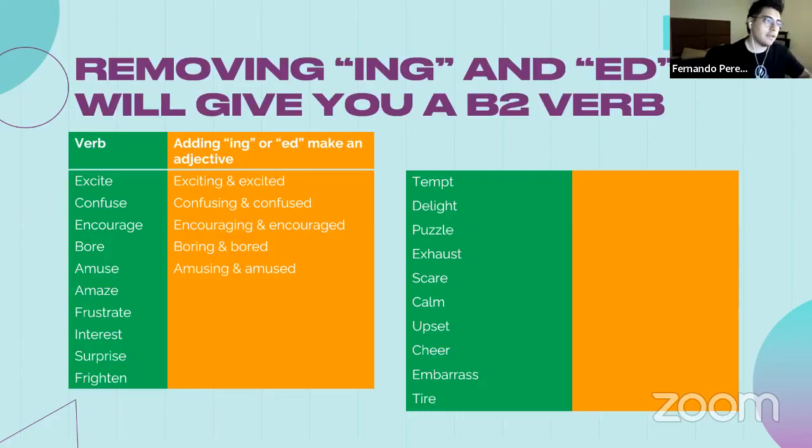Amaze, the derivative is amazing. Amazed. The word amazed is not very common. We should start using it. Frustrate in present is the verb. There are frustrating things, and I feel frustrated.